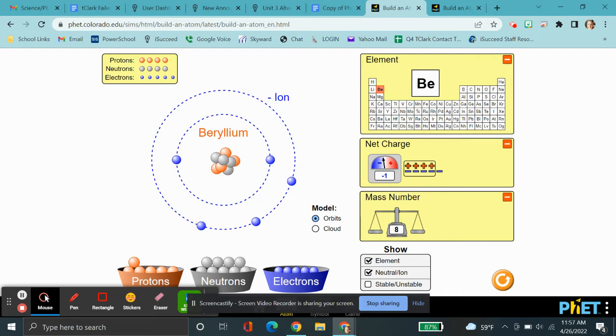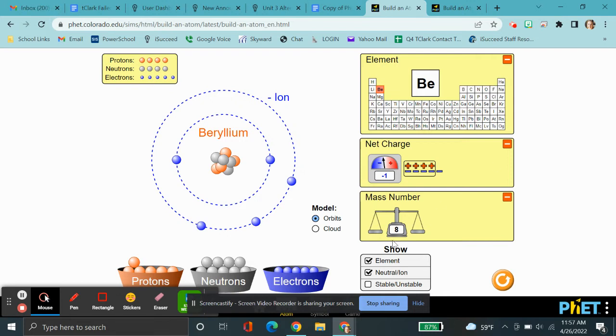All right. Then we need to write or develop a relationship in the form of a single sentence or equation that can predict the charge based on the numbers and types of particles.